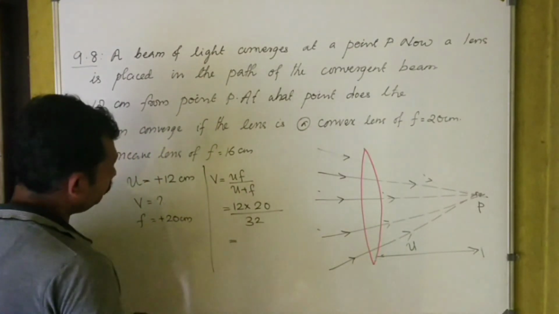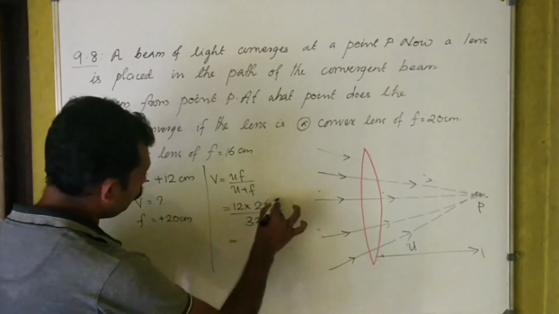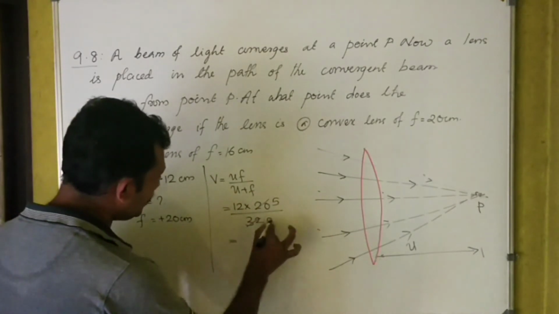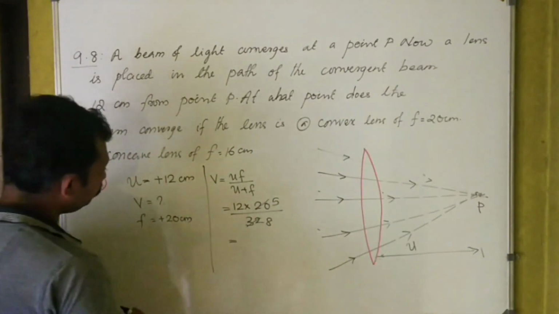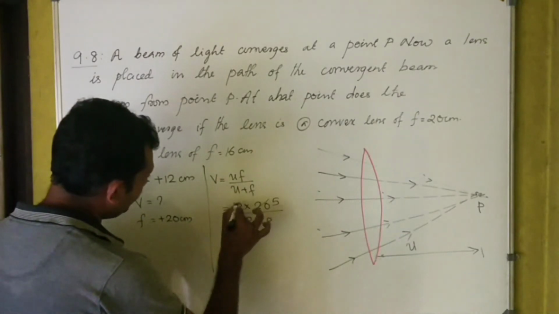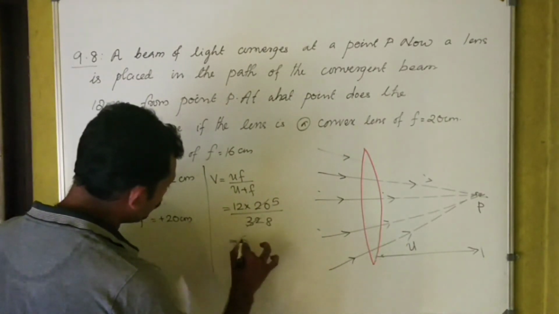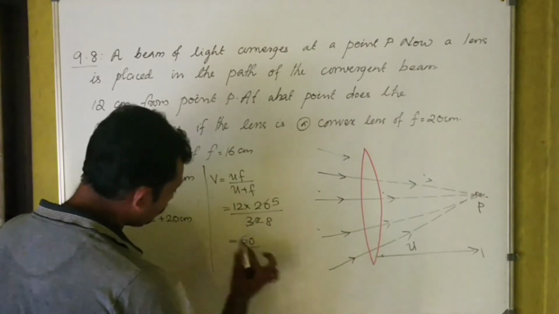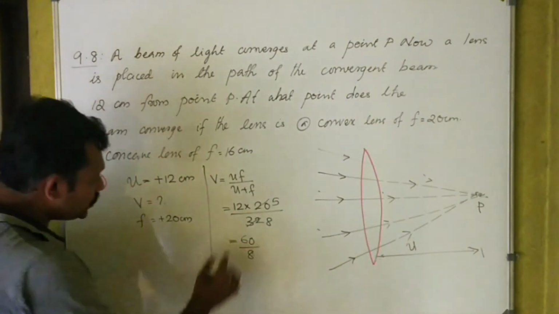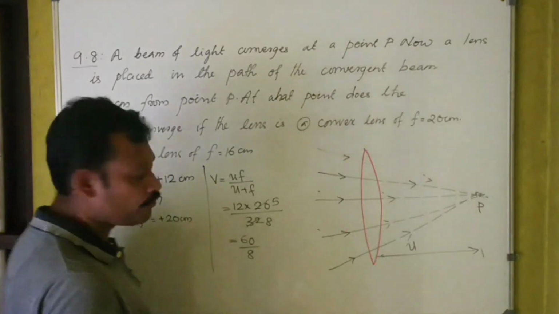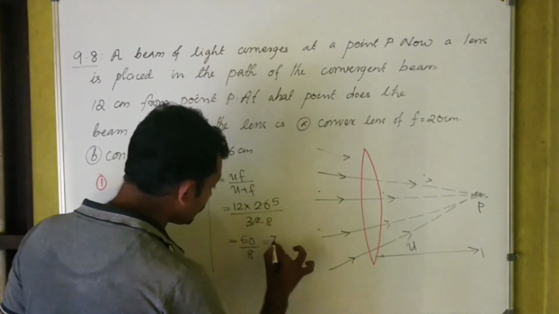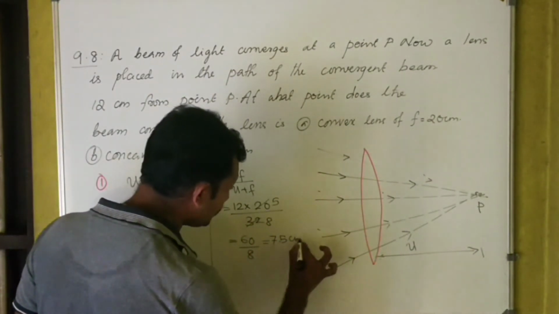Let us solve it. 12 into 5 is equal to 60 divided by 8. 60 by 8 means 30 by 4, 15 by 2, which is equal to 7.5 centimeter.